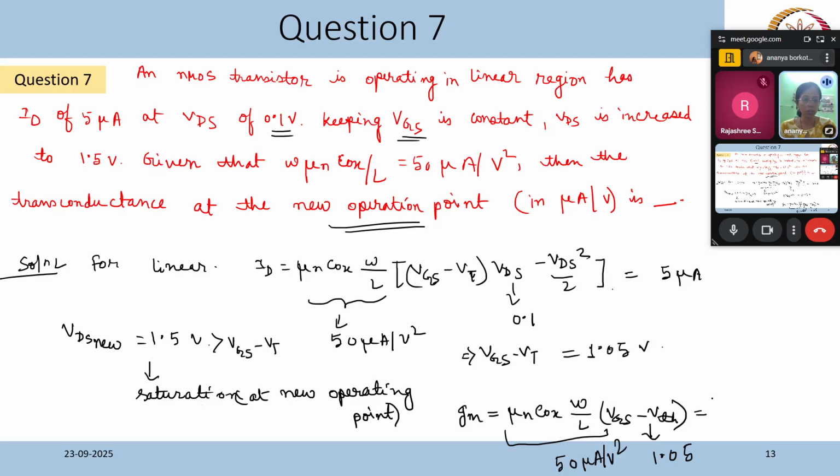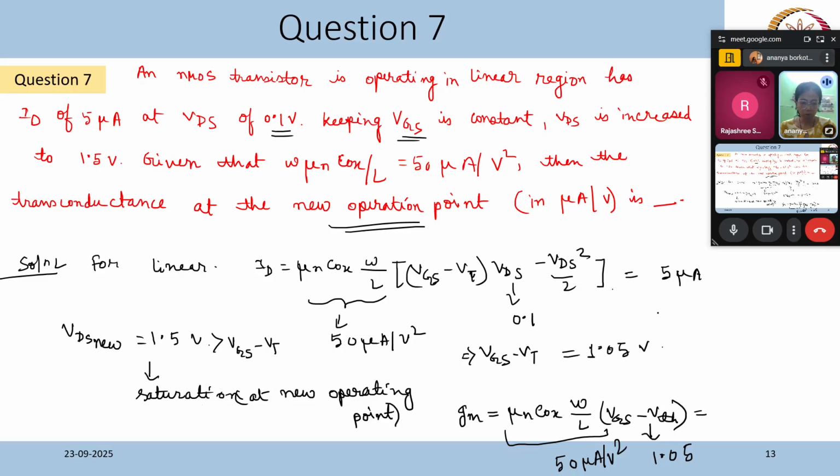The only important point here is to check whether the device is in saturation or linear, because it is explicitly written that initially it is in linear region, but after we increase VDS to 1.5, we don't know whether the device is in linear or saturation. This is the only part where you have to be careful, otherwise this is a simple calculation.